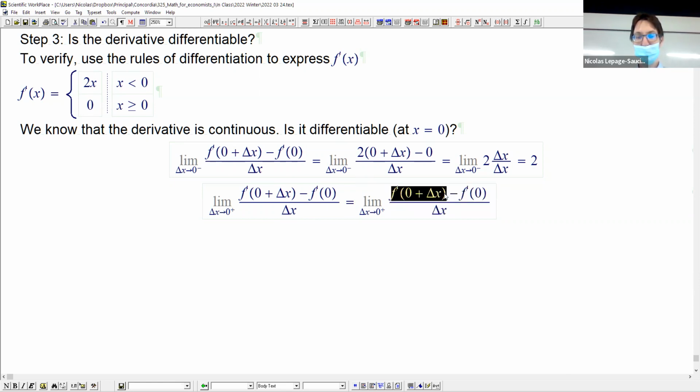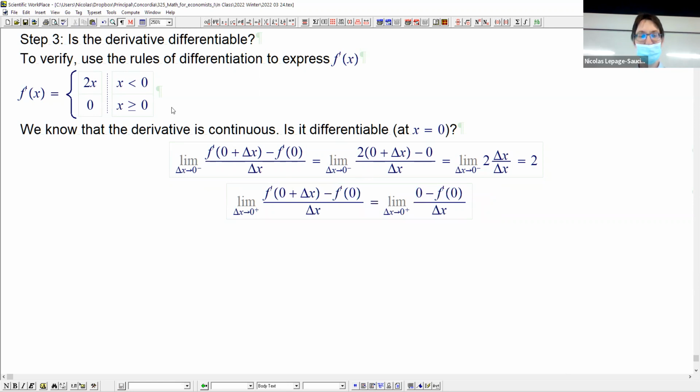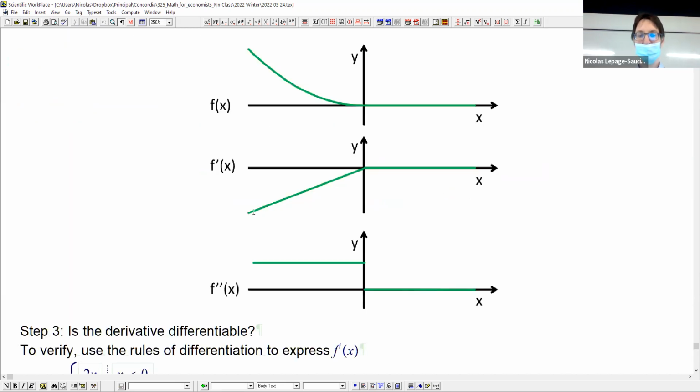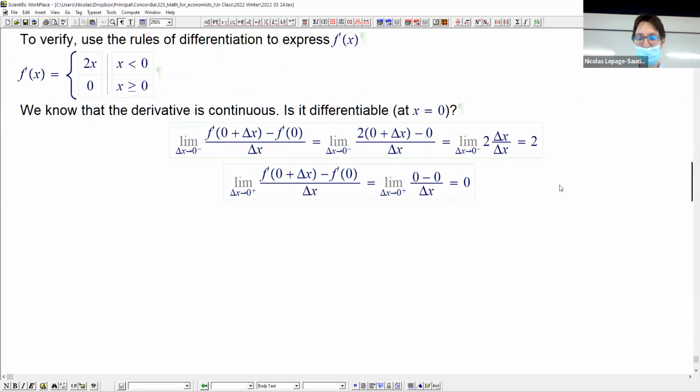And f prime of 0 is again 0. So it is equal to 0. So we see that those two are indeed different. This is what we see here. The derivative is 2, and then the derivative is 0. So it is not differentiable.